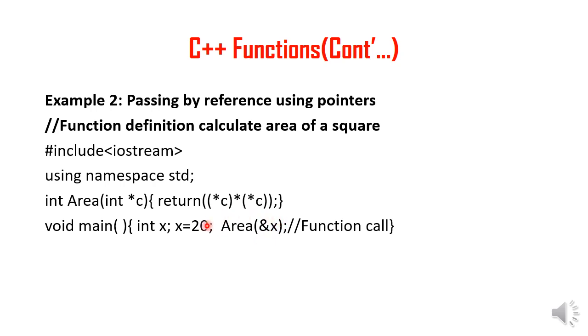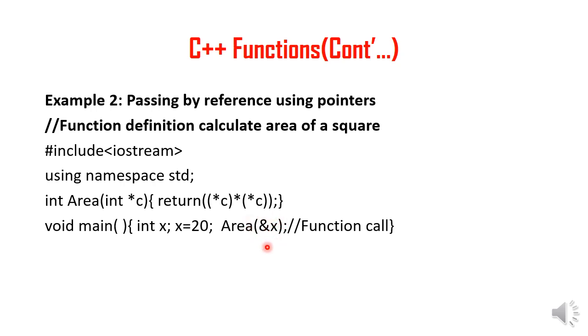In the previous example, we put x without the ampersand sign. That is because we had created our function with references as formal parameters. Here I have created my C++ function with pointers. So once I call it, I have to give it the address of the variable, because a pointer is a variable which stores the address of another variable.